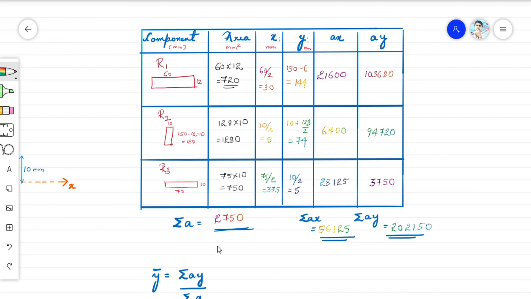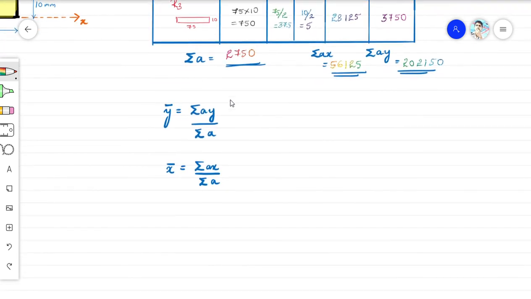What is the last step? The last, key important step is just applying the direct values. So it is 202150 divided by 2750, as well as 56125 divided by 2750.